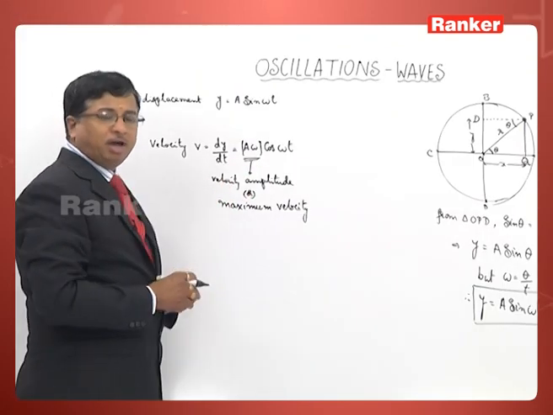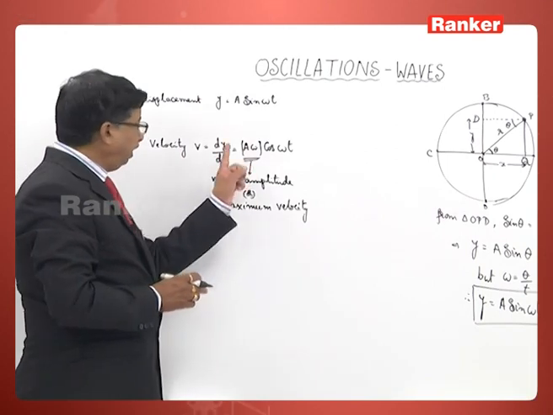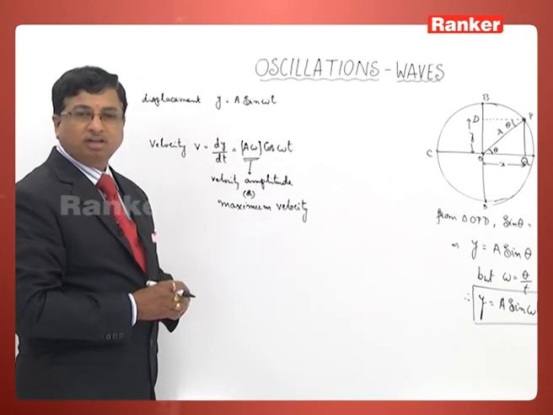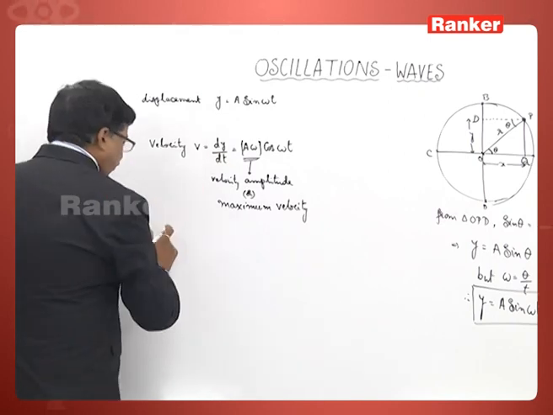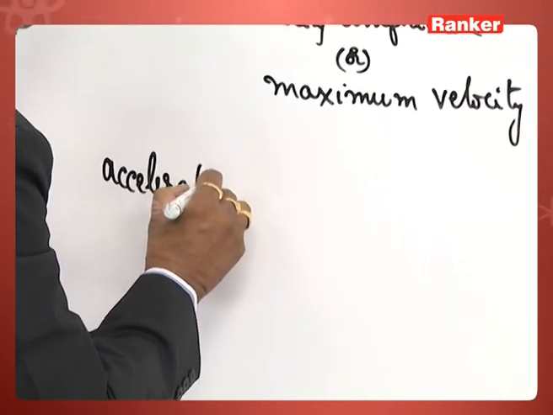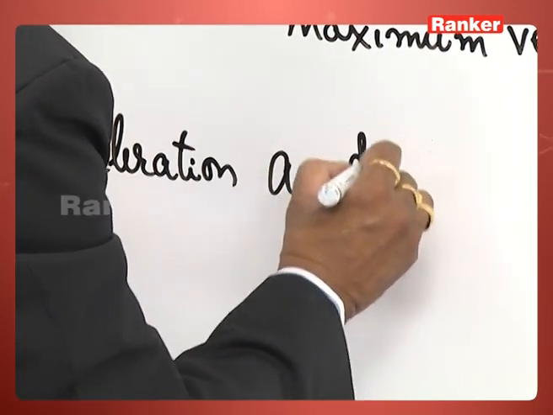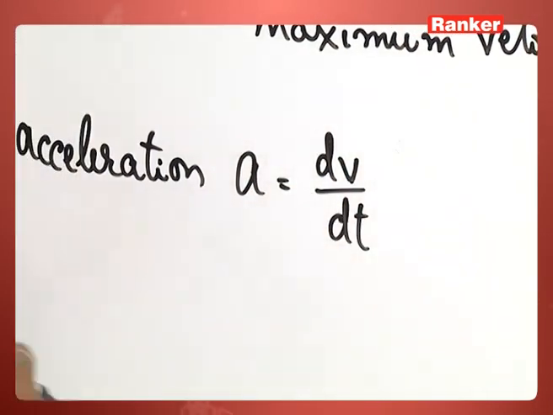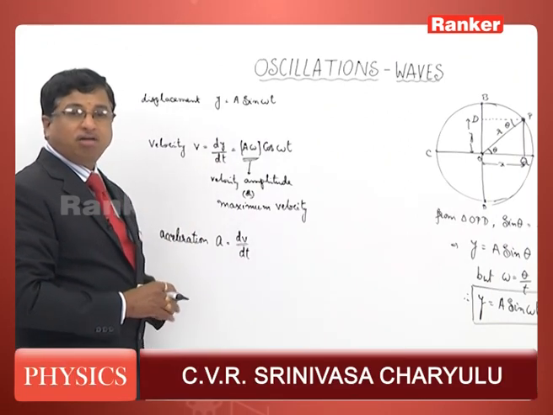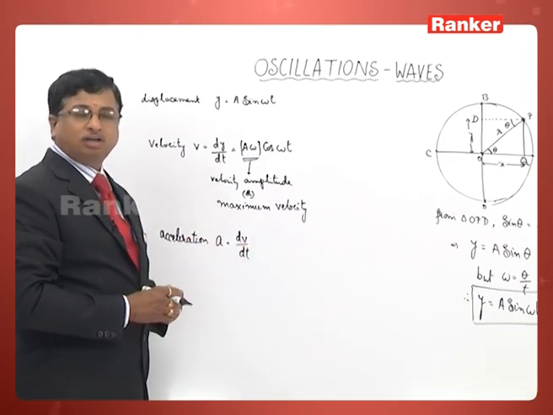What is the formula for maximum velocity of a particle in SHM? That is a omega, where a stands for amplitude and omega stands for angular frequency of the particle. If I now take the acceleration of the particle, acceleration a is equal to dv by dt, that is differentiating the velocity with respect to time, or rate of change of velocity, whatever you say, both refer to the acceleration of the particle.